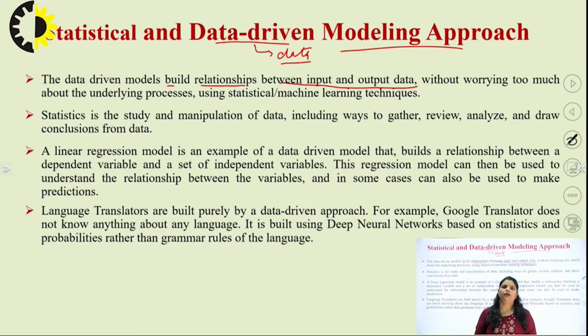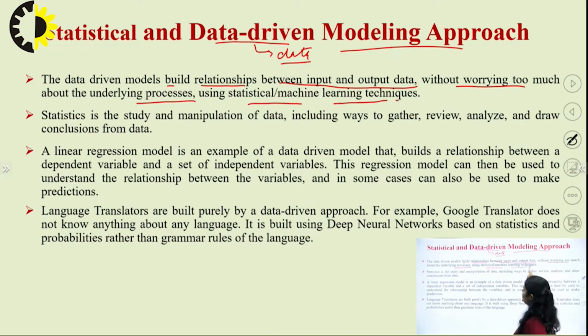In data driven approaches, we relate the input and output data, how they affect each other, and what the impact of these variables on each other is, without worrying too much about the underlying processes. We will focus on the relationship between the input and output data, using statistical or machine learning techniques to establish that relationship.